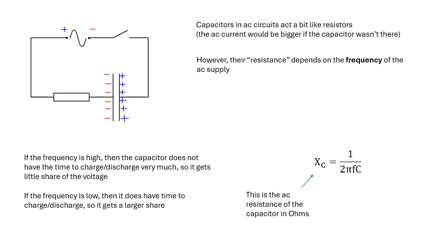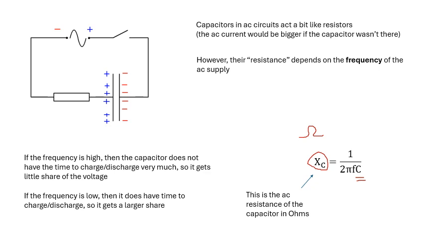Now, this quantity, strictly speaking, we don't need to know. It's called the reactance of the capacitor. It's measured in ohms, so you don't need to know reactance, but it's the resistance of the capacitor in an AC circuit. The important thing is that it's inversely proportional to the capacitance.